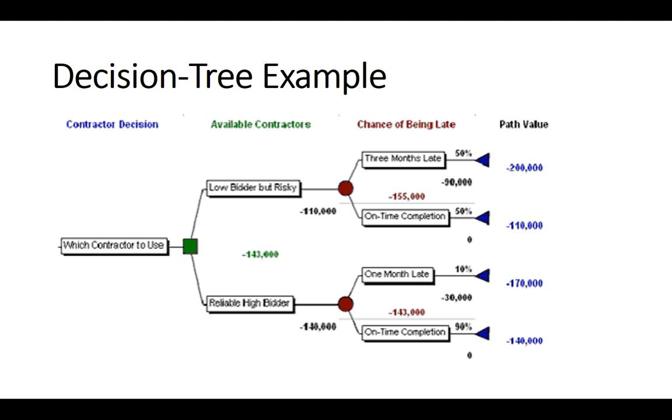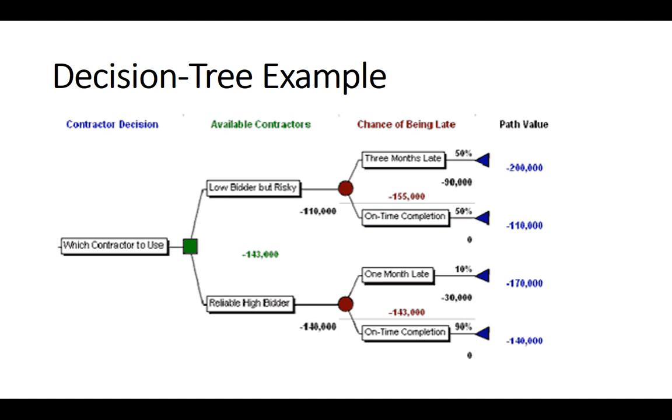So in that case, they look at it from the standpoint of, you've got a $30,000 difference. However, they realize that there could be a potential problem. So you go to the next one and you say, well, what are the chances that lower bidder, that riskier bidder, could be either on time or 3 months late? Well, they do their research, they look at the past projects, and they find that there's a 50-50 chance that they could be up to 3 months late on executing the project.